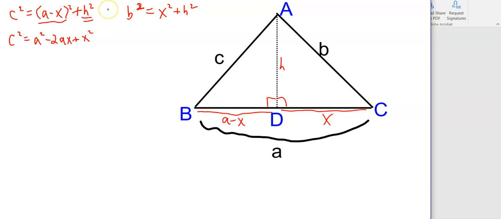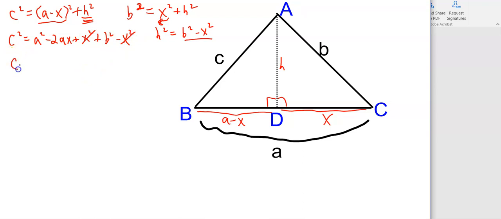To substitute here, I'm going to solve this one, so I'm going to move that over. I'm going to subtract x squared from both sides, so I get h squared equals b squared minus x squared. So I'm going to substitute that in. Instead of h squared here, I'm going to plug in this, so plus b squared minus x squared. Well, the nice thing is the x squared minus x squared goes away. Okay, we're getting somewhere here.